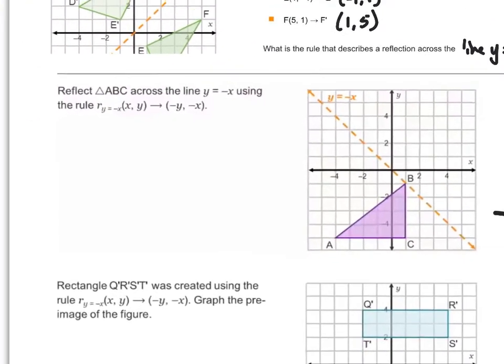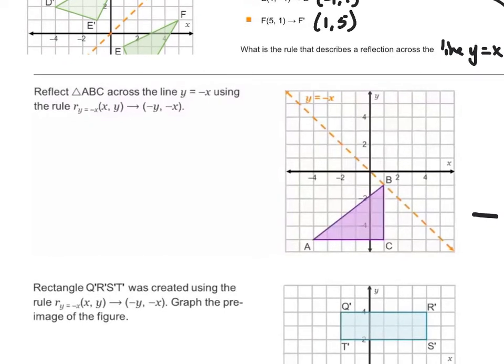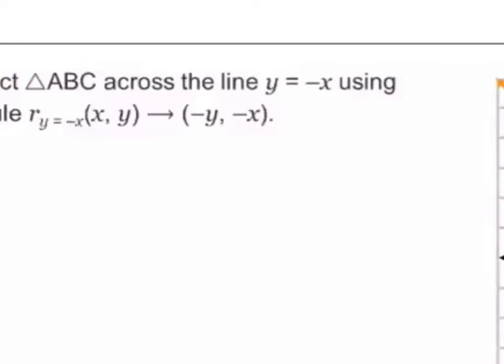Okay, and they give us this graph here, which says, reflect triangle ABC across the line y equals negative x. Okay, that's this line going in this direction. Using the rule, reflection across the line y equals negative x of your original point xy means that you switch your x and y and make them opposite. Okay, so I'm going to write that here.